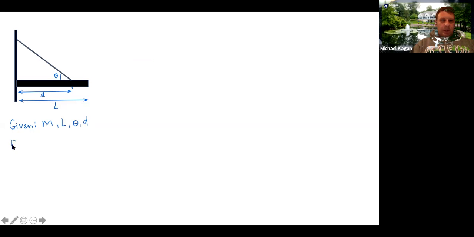We want to find the tension in the string necessary to hold the shelf. I assume that here you have a frictionless hinge. Is that clear?